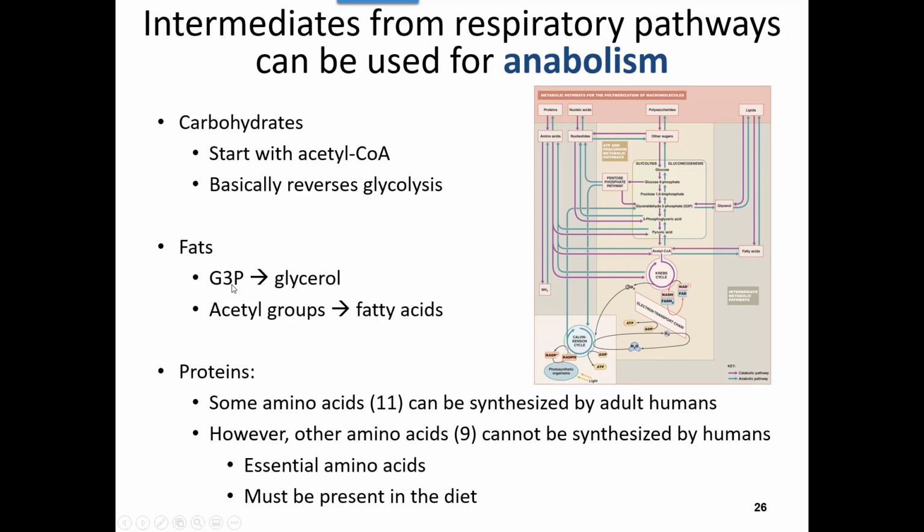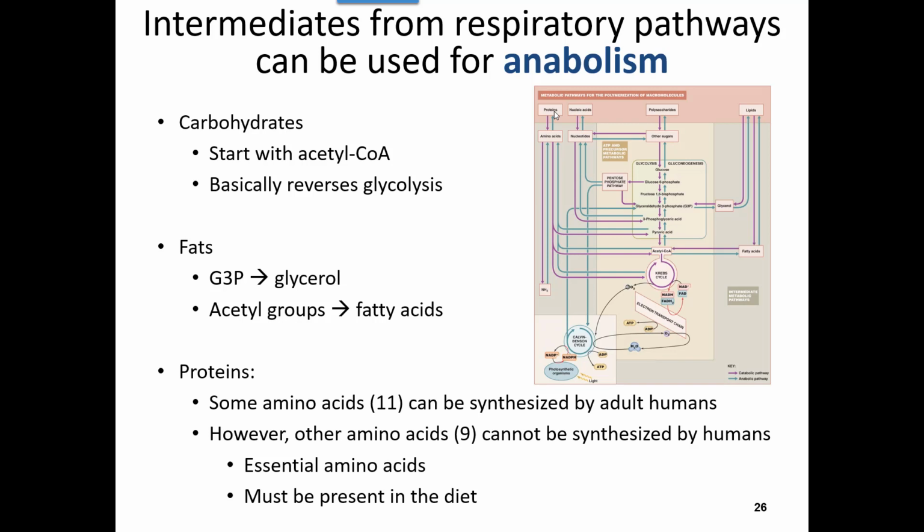Now, my note about proteins. A lot of these things can go in to make amino acids and ultimately make proteins that our cells need in various structures and enzymes, but not all amino acids can be made by our cells. There are 20 different amino acids out there, and our cells can only make 11 of them.